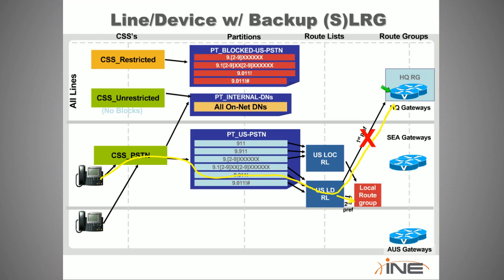If I send this 7-digit local dialing out a route list that first goes up to a route group for headquarter gateways, I might have to do some form of digit manipulation to prefix whatever area code they were trying to dial out of, and also add on, based on the route pattern, one for national access code, the area code they were trying to dial, things of that nature.